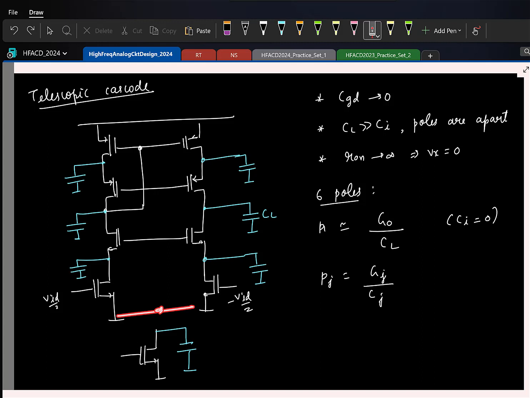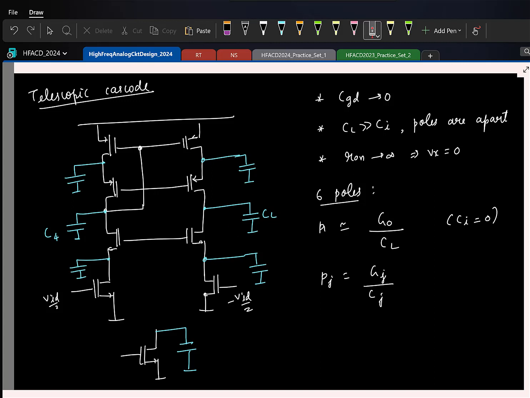Yeah. So even if we do not consider that to infinity, then again it will form the symmetry. No, it will still not be symmetric, right? Why will it be symmetric? First of all, there is no symmetry here. The moment you add a capacitor, especially when I go and put a large load capacitor here, the capacitance here will be, let us say I call it some C4, C4 will not be equal to CL.